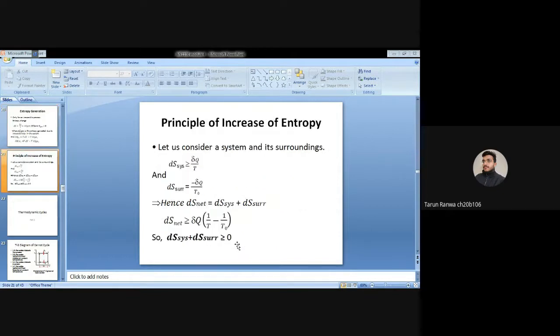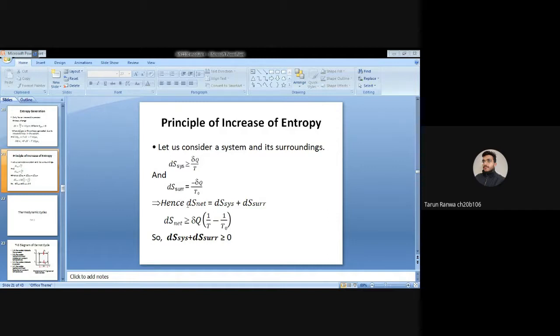Now, the principle of increase of entropy. Let us consider a system and its surroundings. The change in entropy of the system is greater than or equal to dQ by T, and for the surroundings, dQ will be negative, so the change in entropy for the surroundings equals minus dQ by T naught.